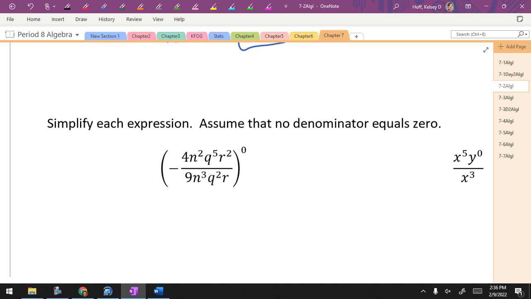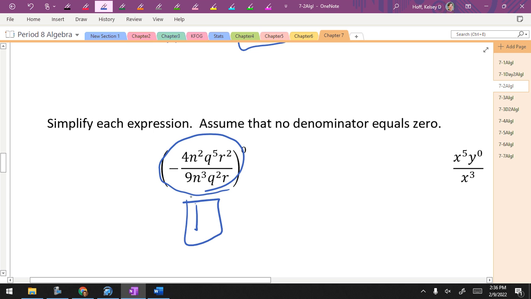The whole thing turns into 1. Not a negative 1, not a 1p, not a 1q. It is 1 because everything inside here gets the 0 power, and absolutely anything to the 0 power is 1. You should all thank Caden that we didn't have to go through the work of that before I said it was 1, right? Okay.